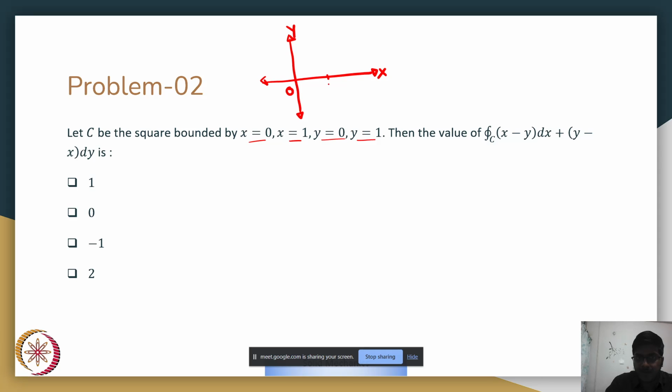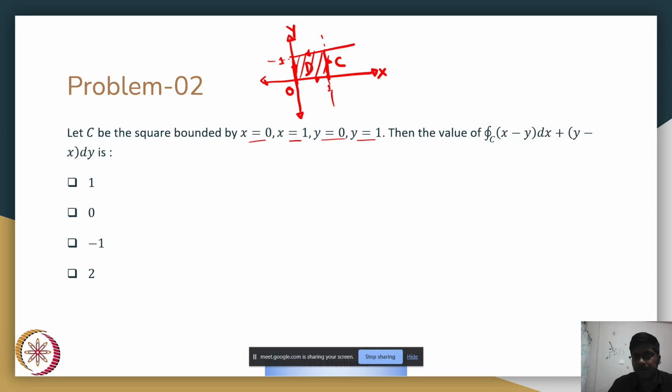Then, if I take this as my unit distance, this becomes my square. This whole region I'll again name as D, and in the anti-clockwise direction, the enclosing curve is C.